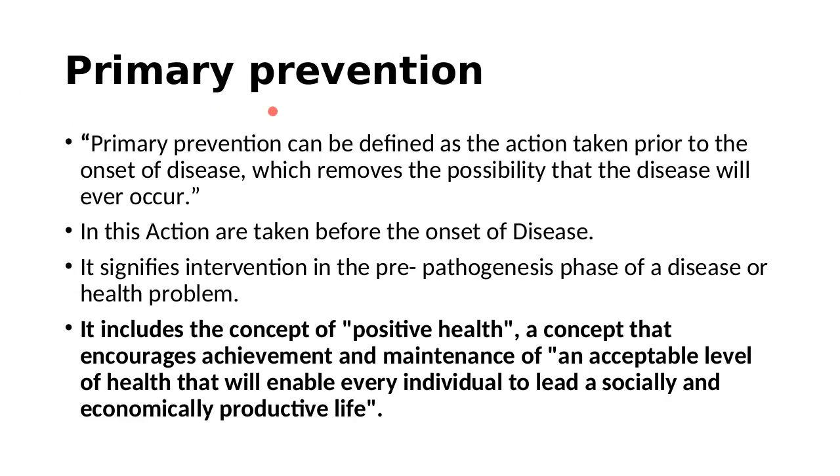Then the second one is primary prevention. Primary prevention can be defined as the action taken prior to the onset of the disease. This removes the possibility that the disease will occur. So this prevention is normally taken before the disease occurs by removing the risk factor.